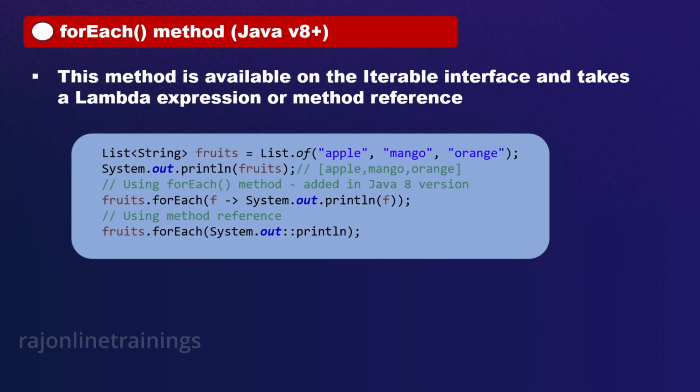How to use it? Just say fruits.forEach(System.out::println). Then it takes one element from the fruits list and displays it on our console. This forEach method using a lambda expression or method reference is very important, and we use this concept a lot in our projects.